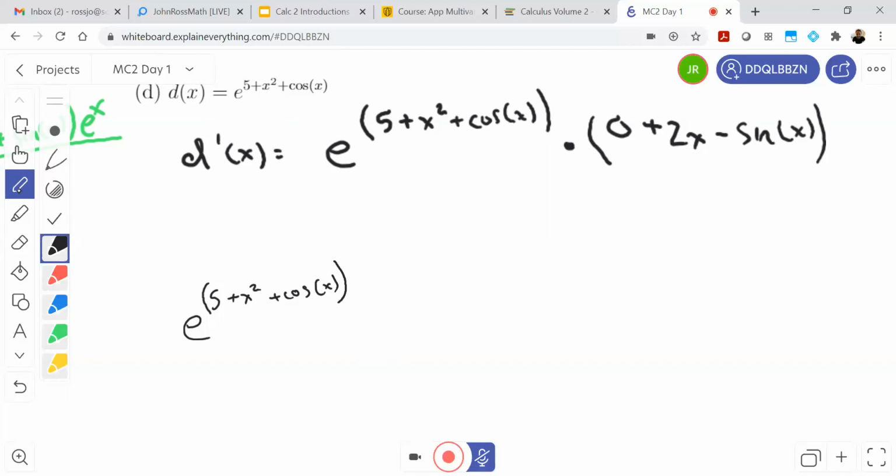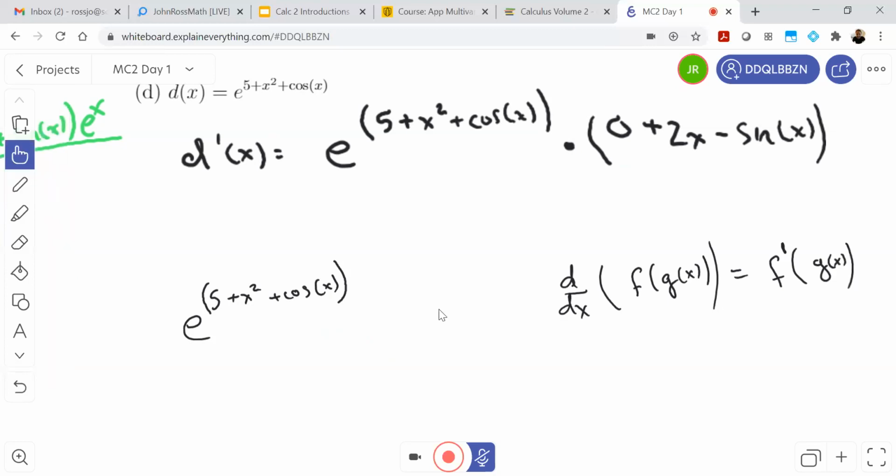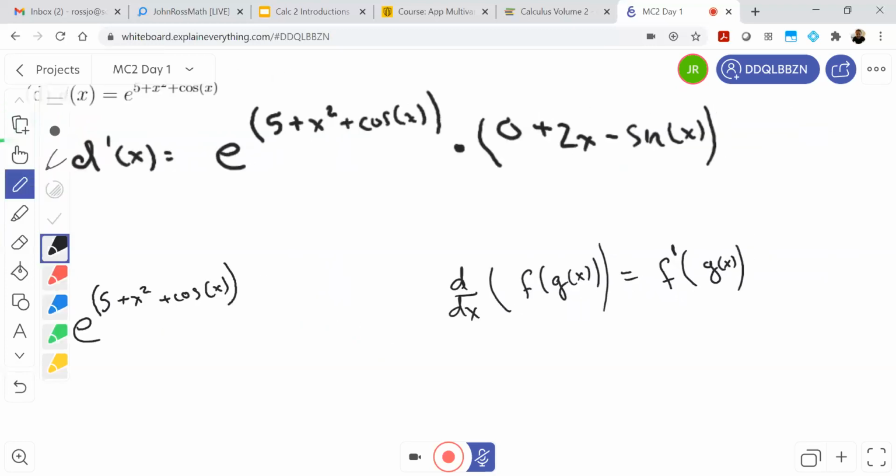When I want to take the derivative, the chain rule says, chain lightning style, and let me write this off to the side, the chain rule says that the derivative of f of g of x, that composition of functions, is equal to, first we take the derivative of the outermost function, leaving the inside function the same, and then we multiply by the derivative of the inside function.